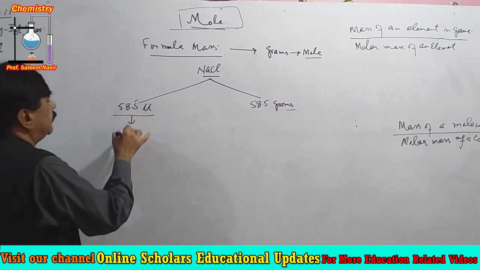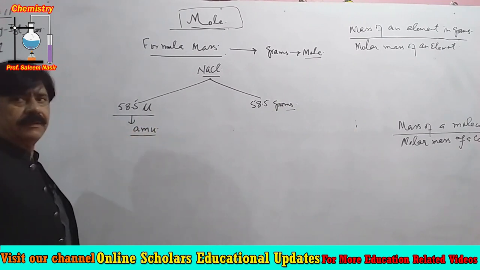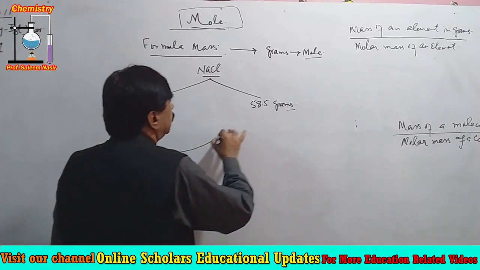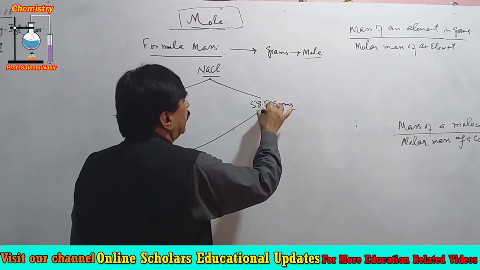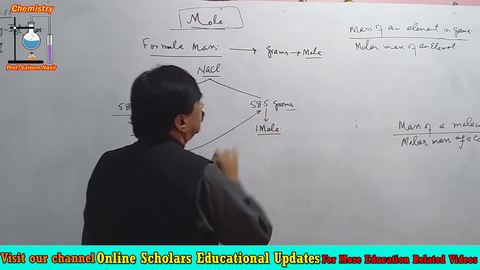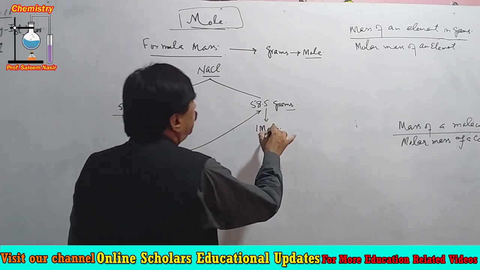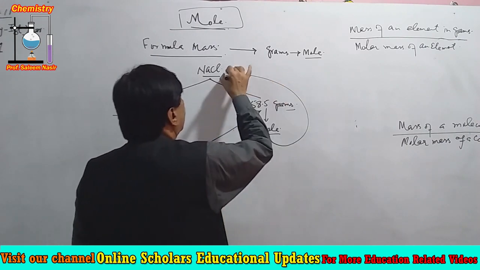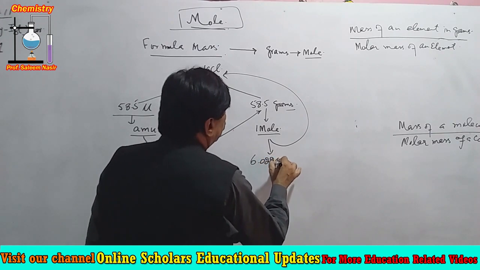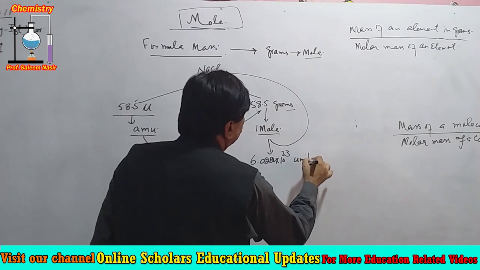That means the atomic mass unit, when expressed in grams, will be equal to 1 mole. And that 1 mole, 58.5 grams of sodium chloride, contains 6.022 multiplied by 10 raised to power 23 units.